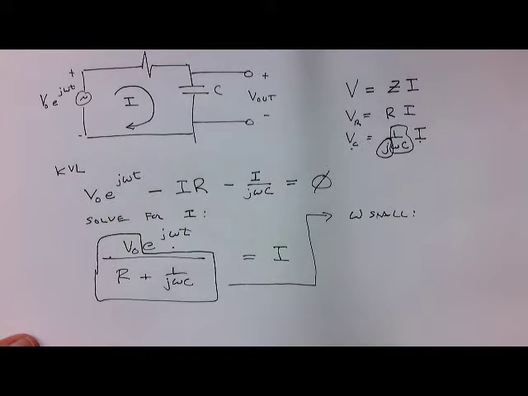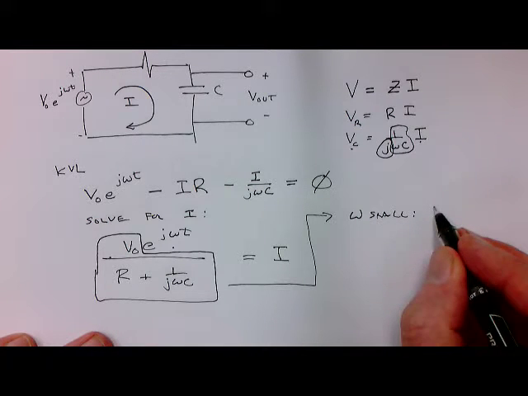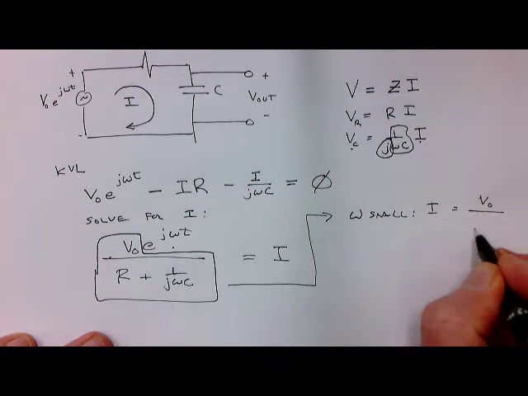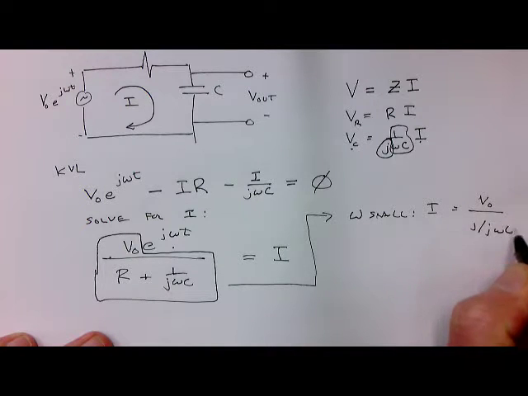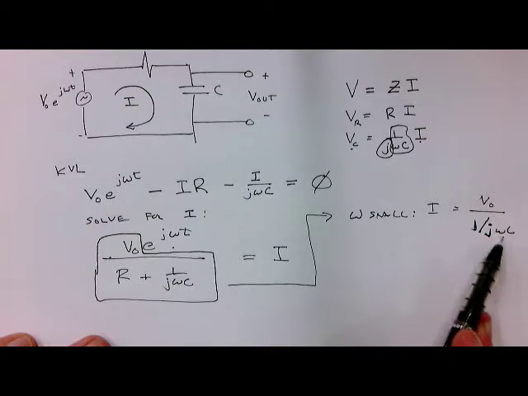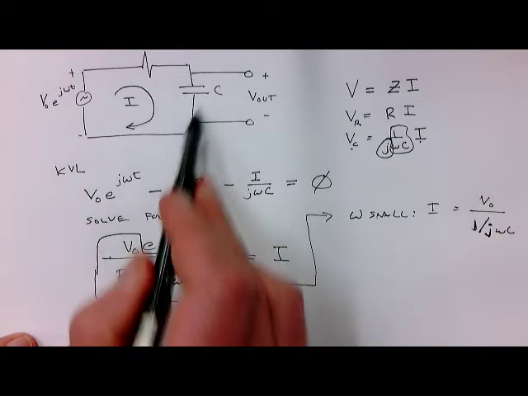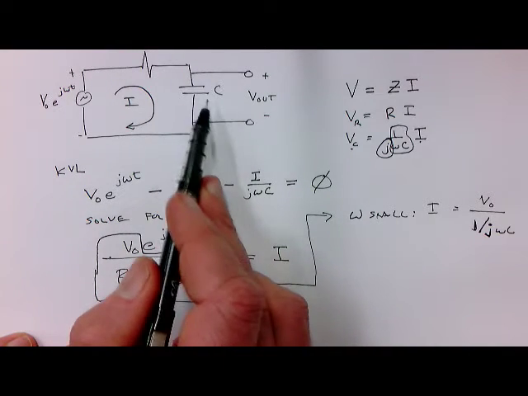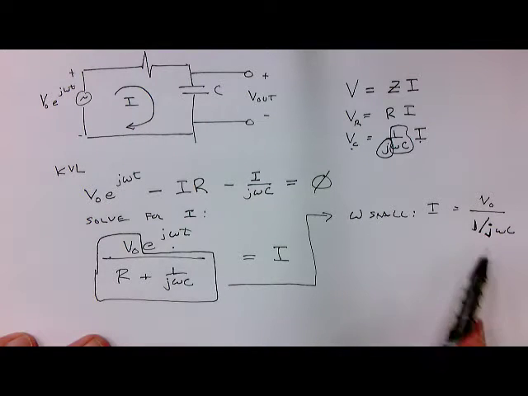When I say omega small, what I mean is that this term is small enough to make this term large relative to this term. So when omega is small, this term is going to dominate, and I is equal to V naught divided by 1 over j omega C. In other words, the current is mostly going to depend on the capacitance, so I'm mostly limited by this capacitor, and the current is going to be out of phase with the voltage because of this j.